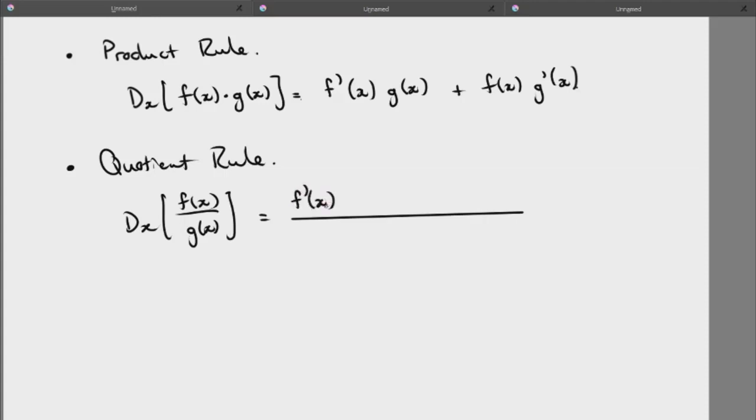Derivative of the top, numerator, times the denominator, bottom, but it's a minus, and then swapped around. So it's not that bad to remember because it has a very similar look. The bottom is the original denominator squared.